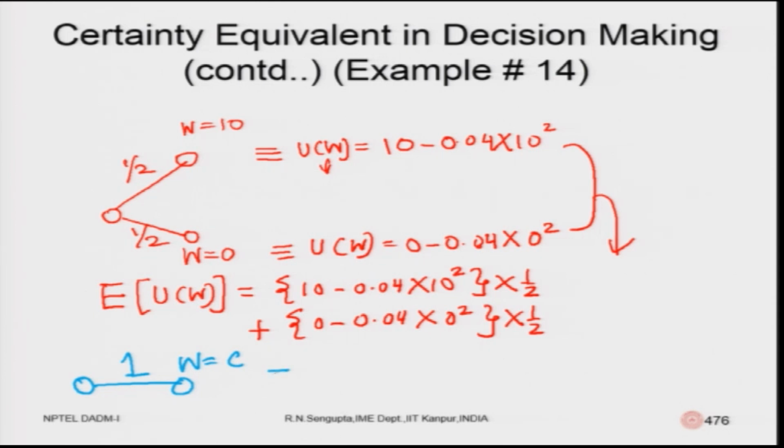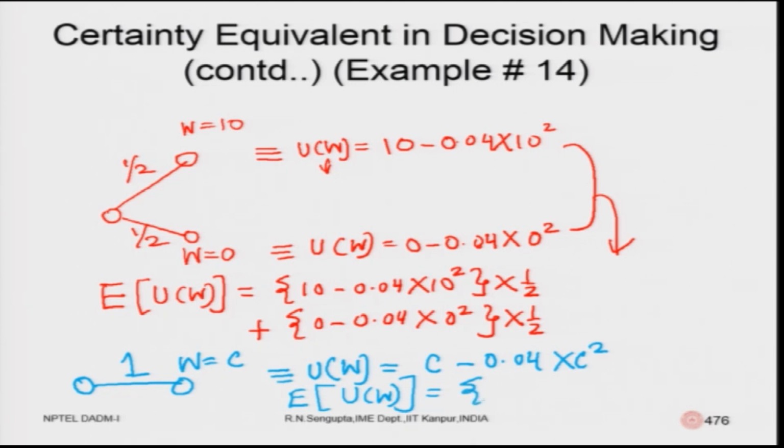Now, when I want to find out the utility function for w, in this case it will be c minus 0.04 into c square. I want to find out the expected value. So, expected value in this case would be c minus 0.04 multiplied by c square into 1.